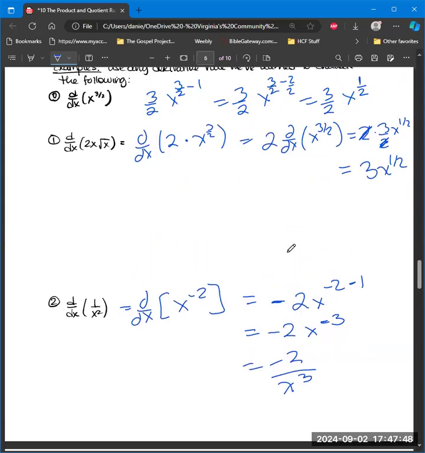Let's come back to this one for a second, and let's try and use the product rule instead and see if we get the same thing.